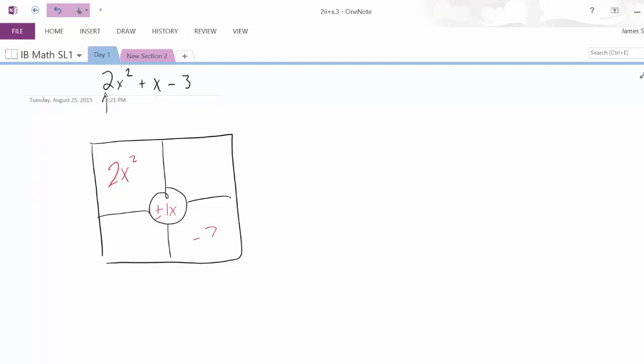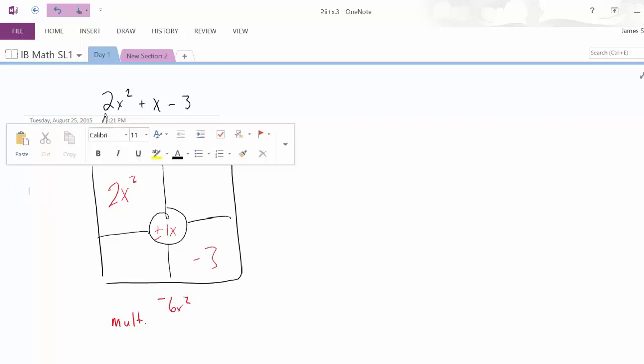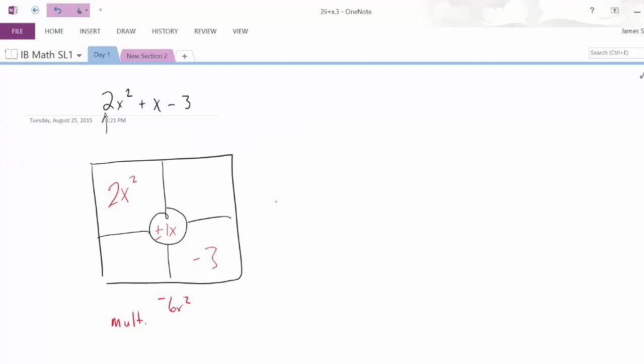and minus 3. Now remember, the diagonal boxes, so the top left and bottom right, and similarly the top right and bottom left, always had to multiply to the same thing. So we need to multiply to negative 6x squared. And these 2 empty boxes had to add up to give us this plus 1x. So I need things that multiply to negative 6x squared and add to give me 1x.